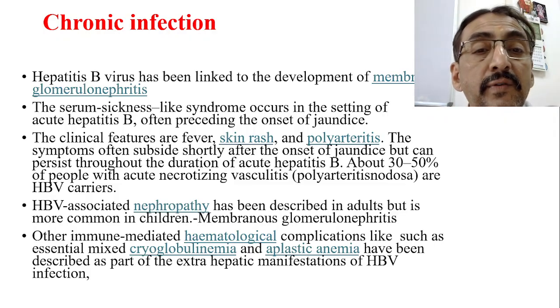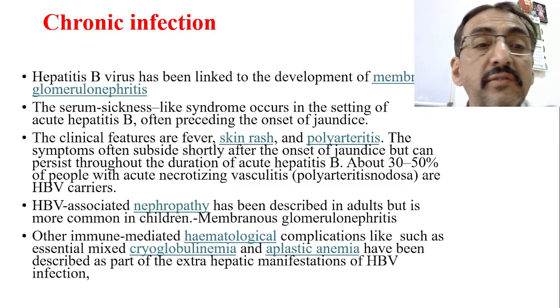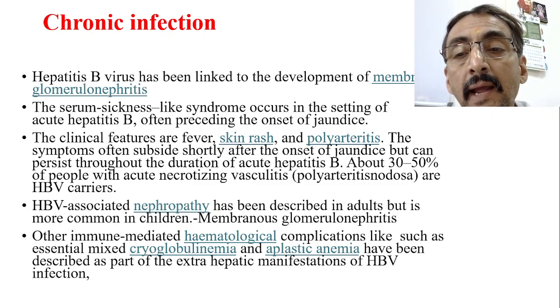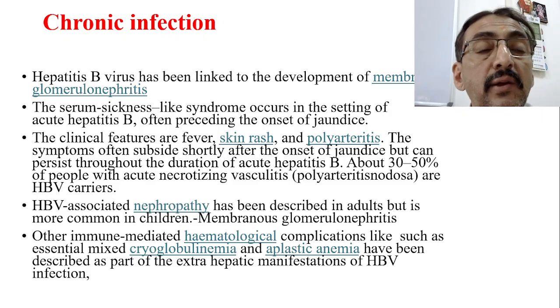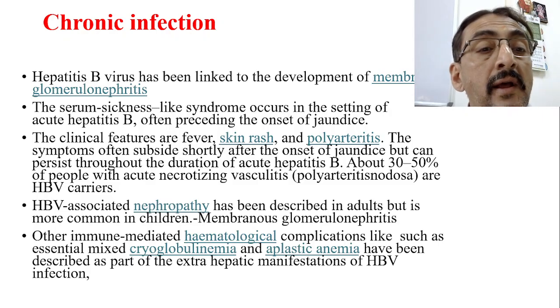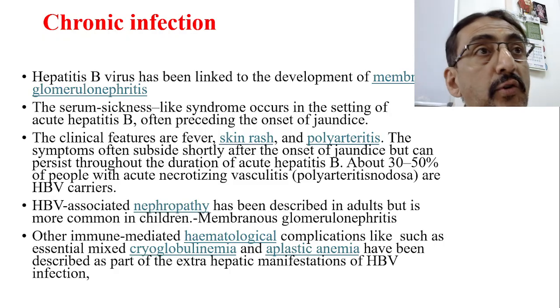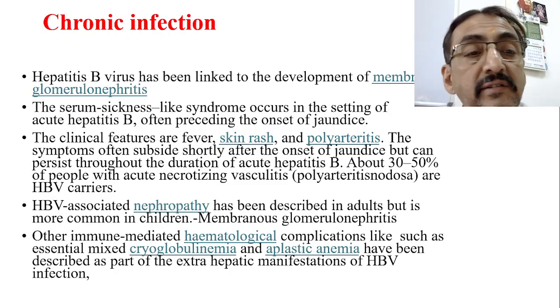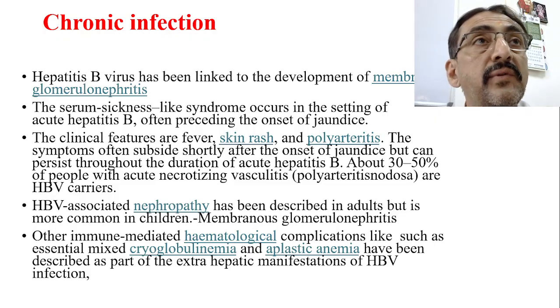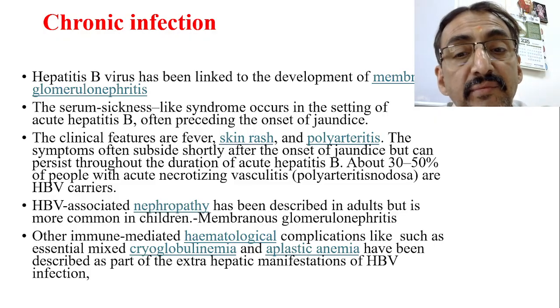The symptoms often subside shortly after the onset of jaundice but can persist throughout the duration of acute hepatitis B. About 30 to 50% of people with acute necrotizing vasculitis, polyarteritis nodosa, are HBV carriers. HBV-associated nephropathy is also described in adults, but it is more common in children. Membranous glomerulonephritis is one of the most common complications of hepatitis B.